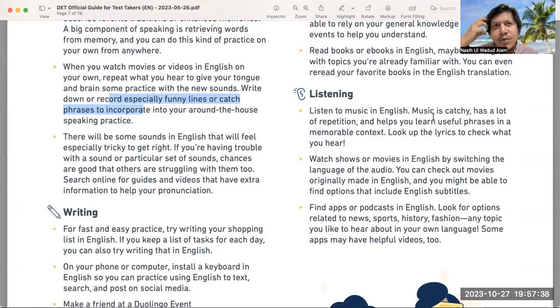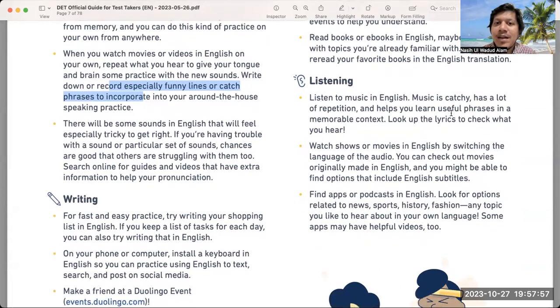I noticed that singers speak better. They sing the same repetitive words regularly, I mean, sing in English. That is how they develop their English. So you can do that. You can start singing in English. You can listen to music in English if you feel comfortable.